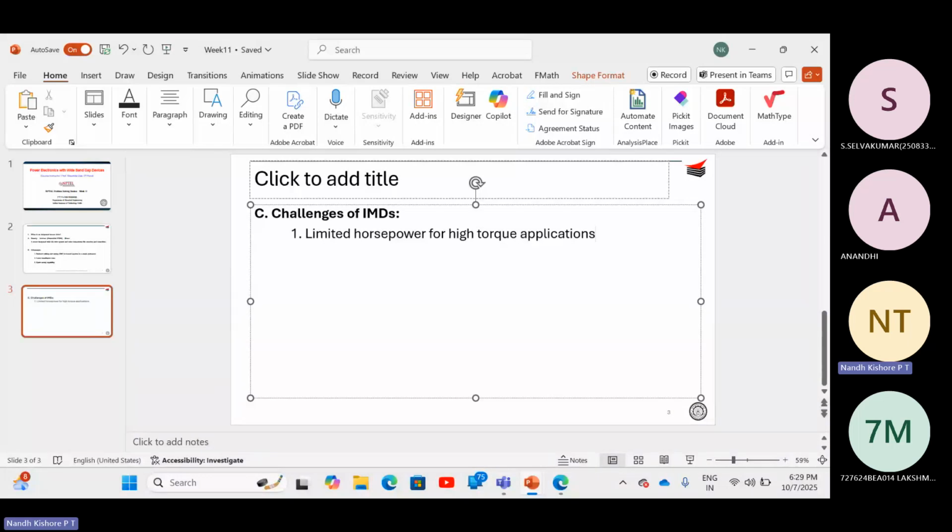Okay, that is more and more current, right? And second is that it cannot be used in harsh environments like refineries and mills. Okay, so this is one of the challenges. That is the limited horsepower for high torque applications.